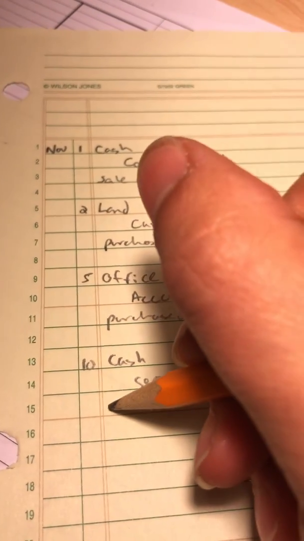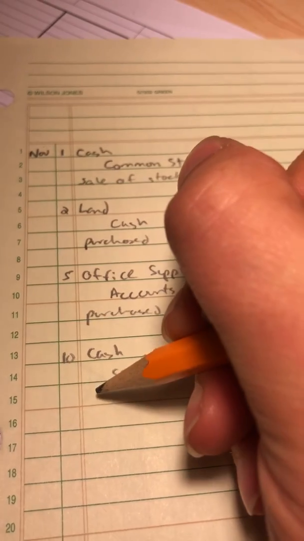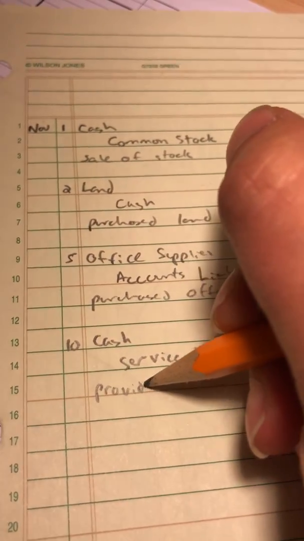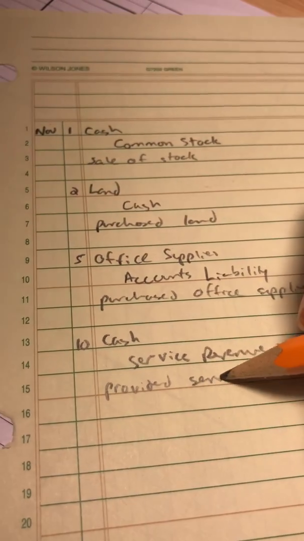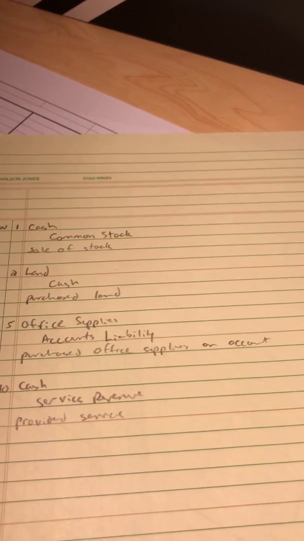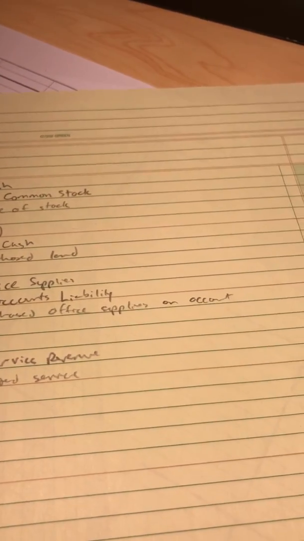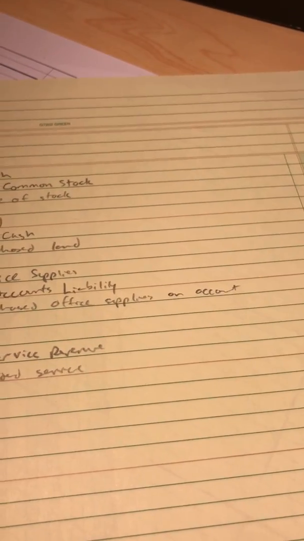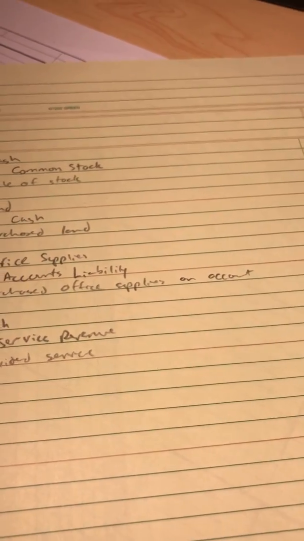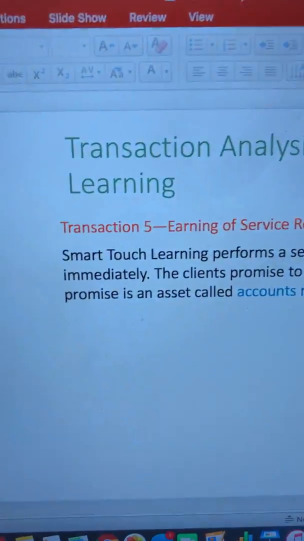And this was provided service, we'll just put. So you can make the cheat sheet there if it helps you looking and finding the accounts, then see if it's going up or down, cross-referencing it. And at first, that's probably going to help you a lot. But eventually, it's all repetitive. Accounting is all repetitive.